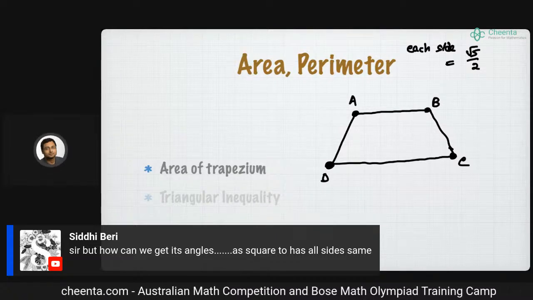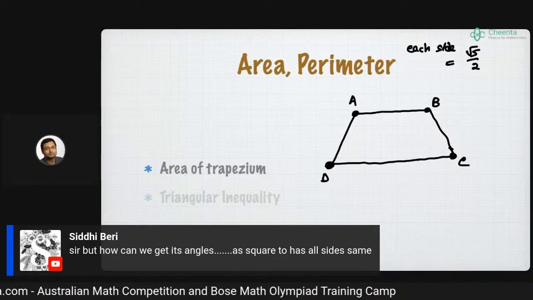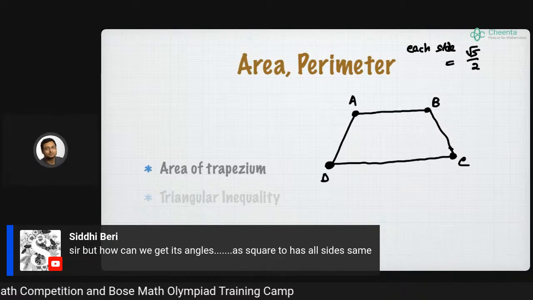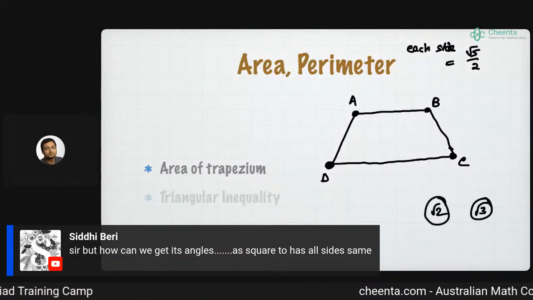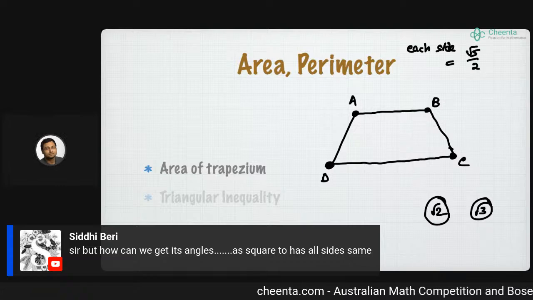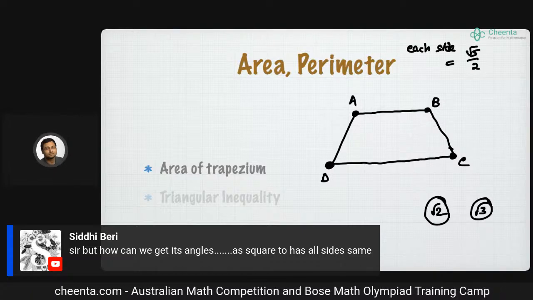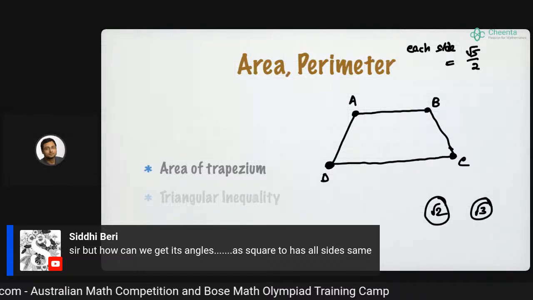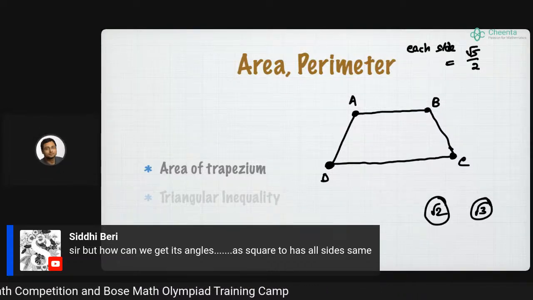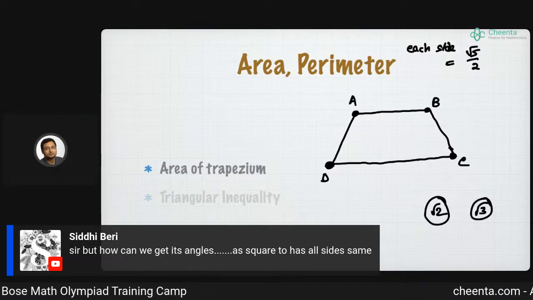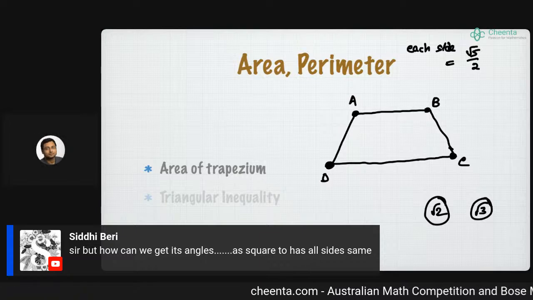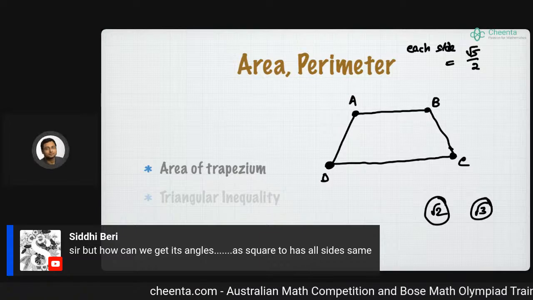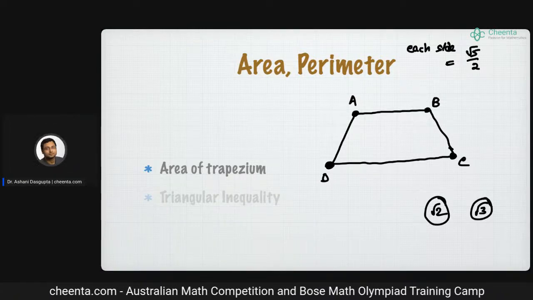Well, you can compute the diagonals of that quadrilateral, and you will see that one of the diagonals is, I think, square root of 2, the other diagonal is square root of 3, because one of the diagonals is just connecting two diagonally opposite endpoints of the cube, and the other diagonal can be thought of as a diagonal of one of the faces. So since the lengths of the diagonals are different, you can easily see that it's a rhombus. If the lengths of the diagonals were the same, it would have been a square.